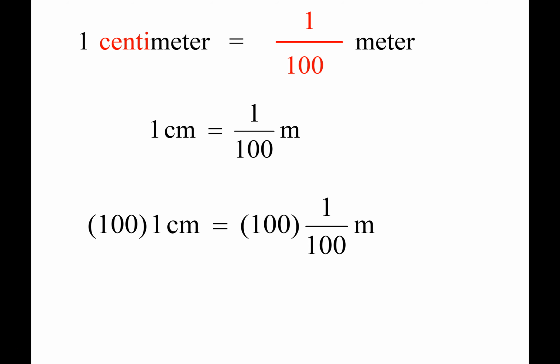Because now this 100 cancels with this 100. 100 over 1 is the same thing as 100. Anytime you have a term in the numerator and a term in the denominator, and all you're doing is multiplying and dividing, they cancel. So I could rewrite this as 100 centimeters is equal to 1 meter.